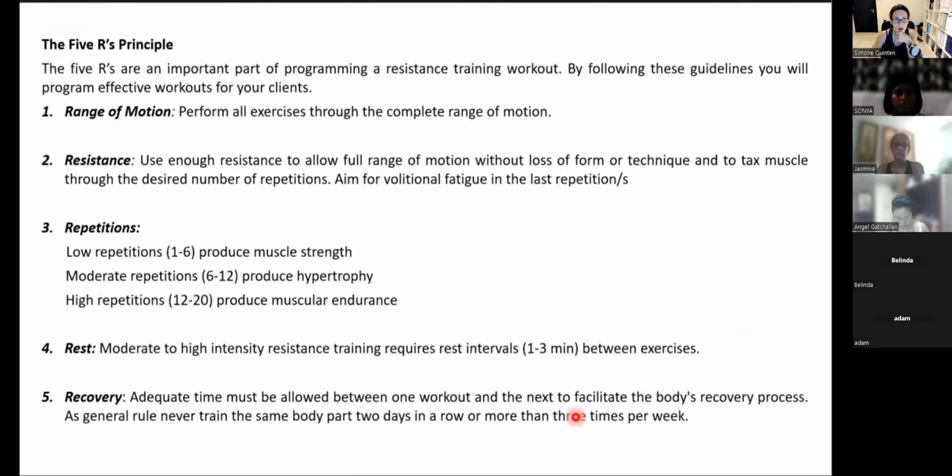So the 5R principle: make sure that you take full range of motion, no cheating, okay? Make sure that you have enough resistance that you can do the full range of motion without losing your form or technique.